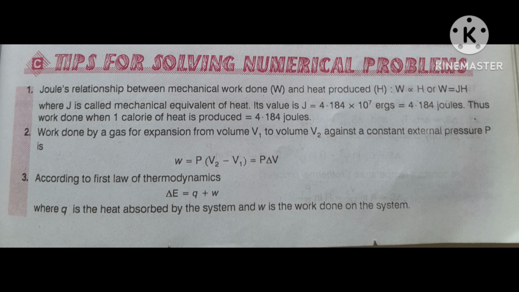Its value is J is equal to 4.184 into 10 to the power 7 ergs, that is equal to 4.184 joules. J you can write in terms of ergs and also in terms of joules. Relation you should remember.